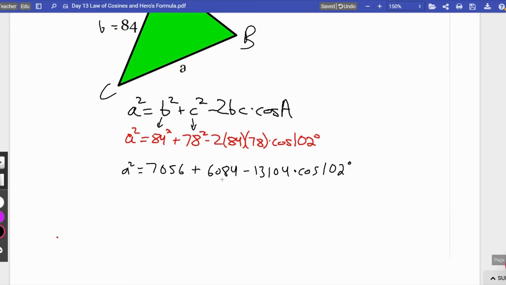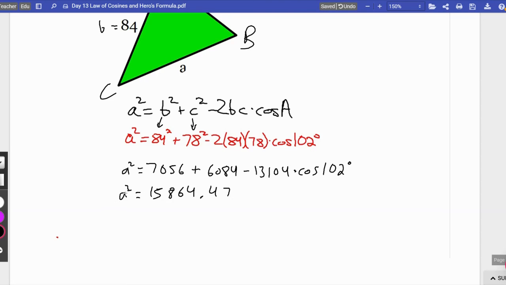So I can type in all of this all at once, just straight in a line, and it should be all right. And I'll write down what I get. So 7056 plus 6084 minus 13104 times cosine 102. And you should get a pretty big number. I got 15864.47, and then some more digits, but let's not worry about that.